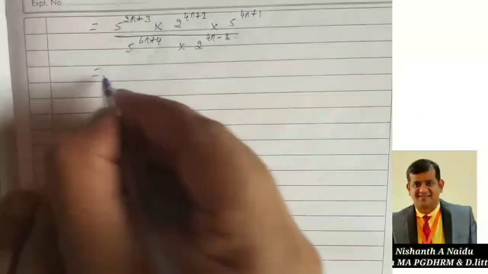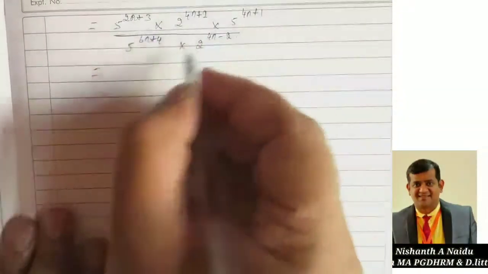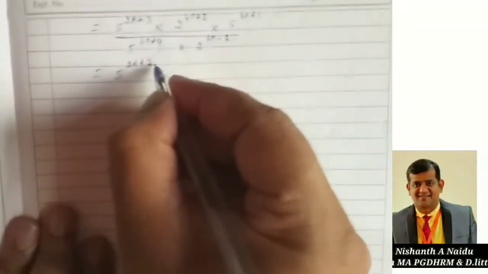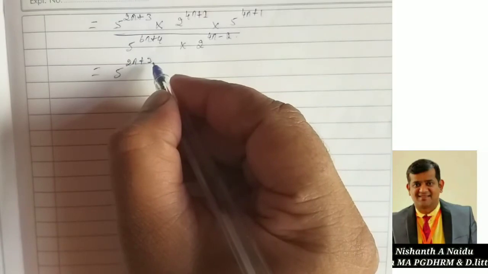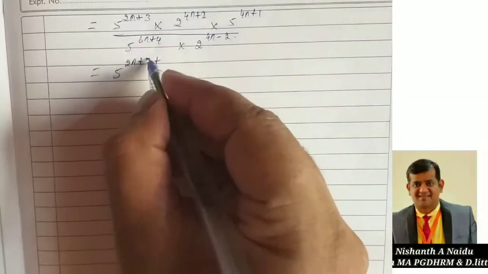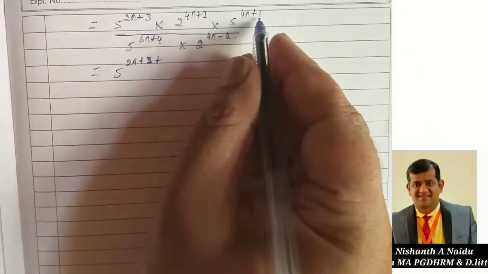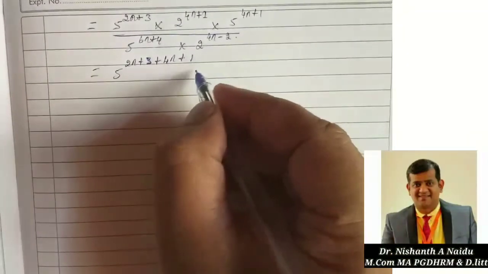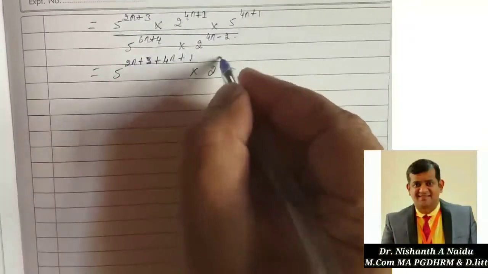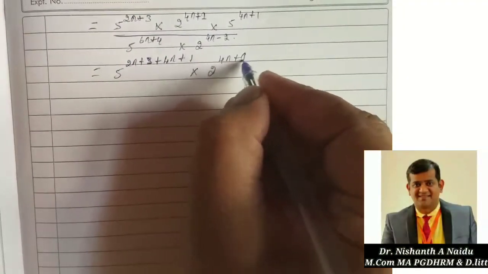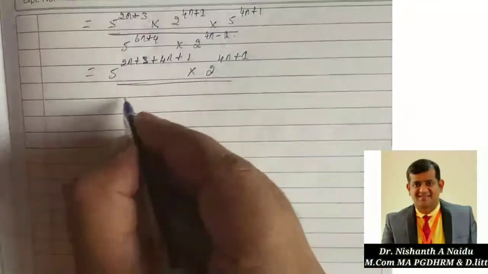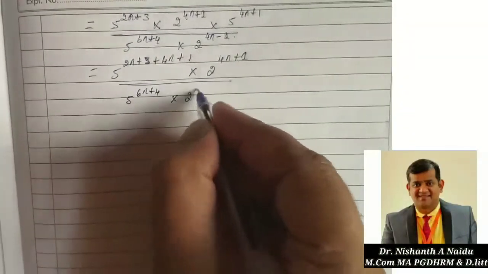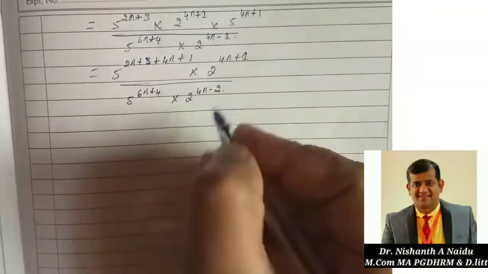So that is equal to, now common bases are added: 5 to the power 2n plus 3 plus 4n plus 1, into 2 to the power 4n plus 1, divided by 5 to the power 6n plus 4 into 2 to the power 4n minus 2.